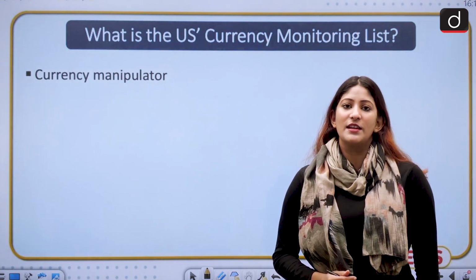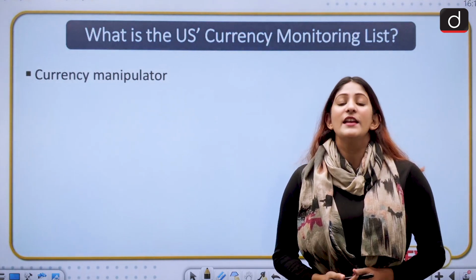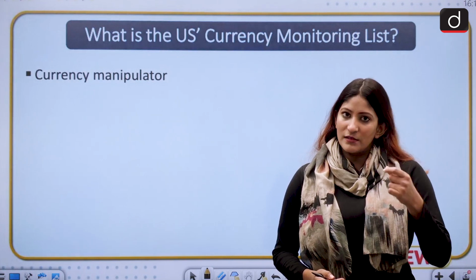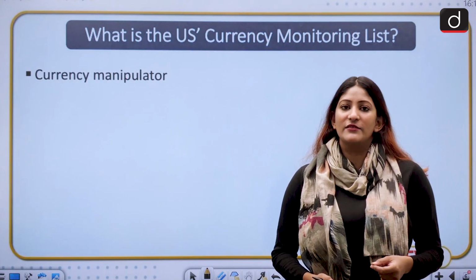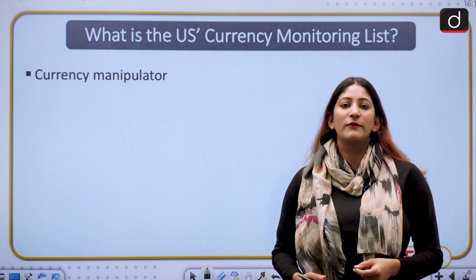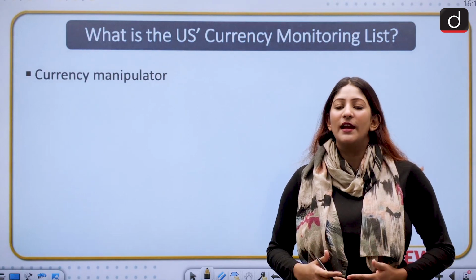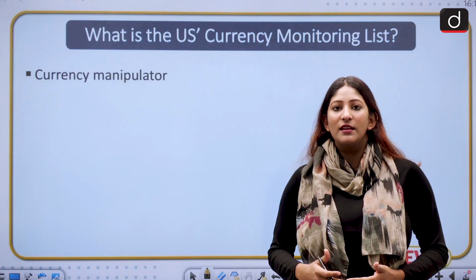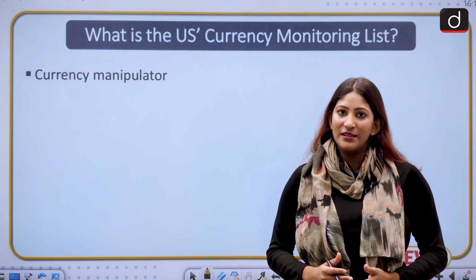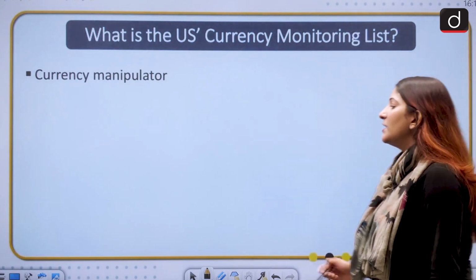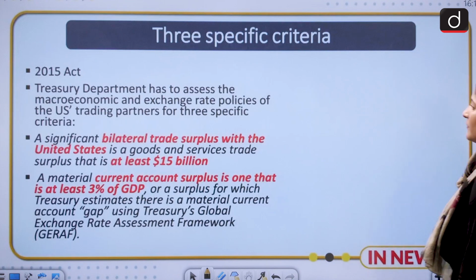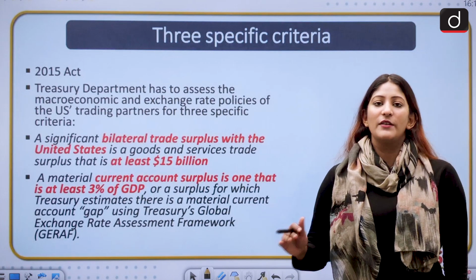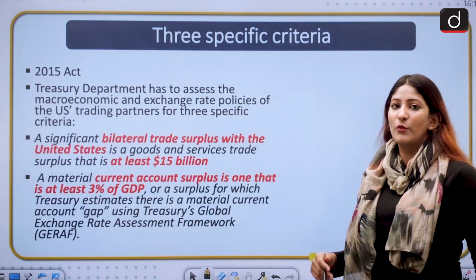For example, if we take any currency like the rupee, if the value of the currency gets reduced by any sort of intervention by the RBI, it will lead to cheaper exports, and that is why, from the perspective of this list, India will become a currency manipulator, and it becomes pretty hard for one to get away from this list for a period of more than 1 year.